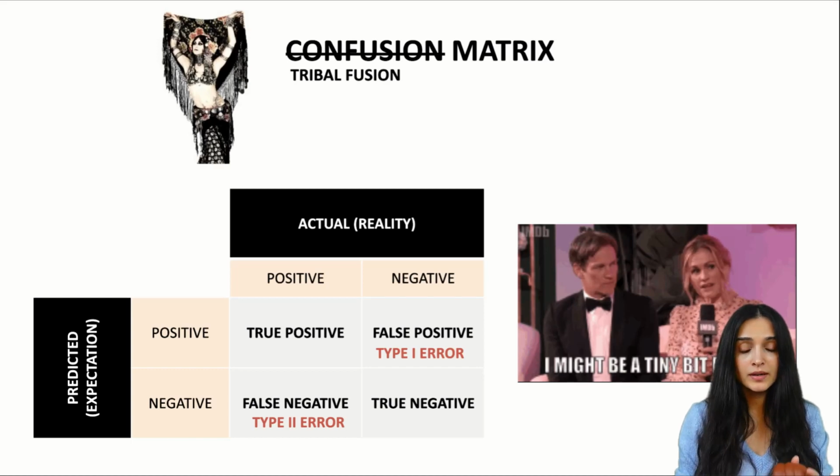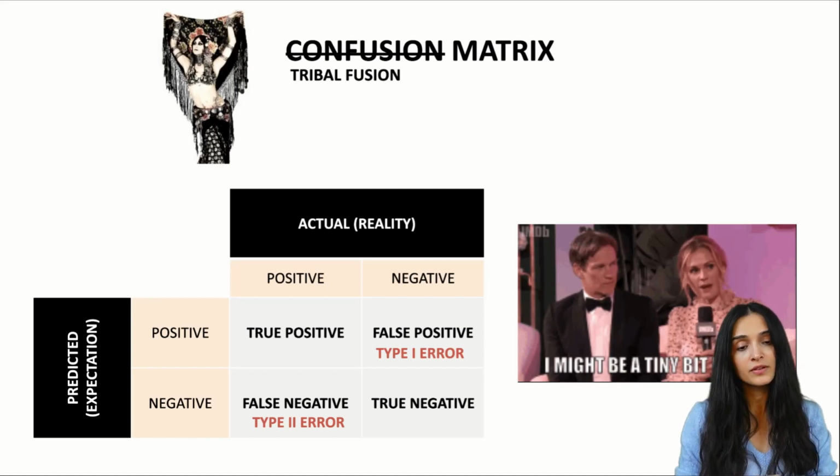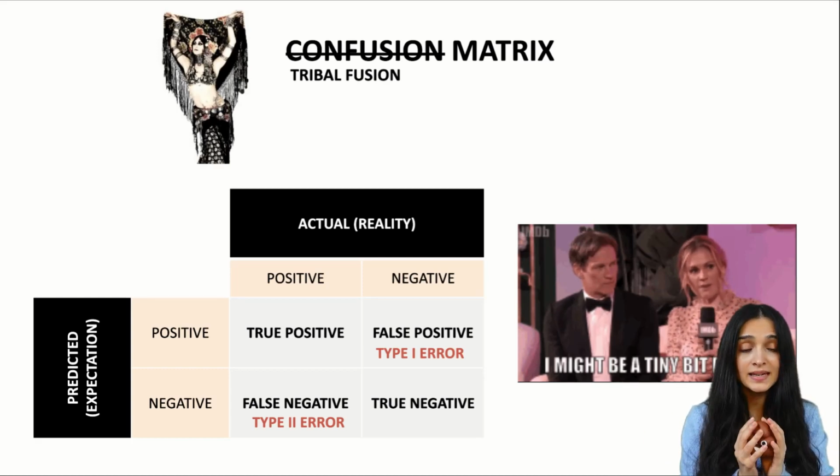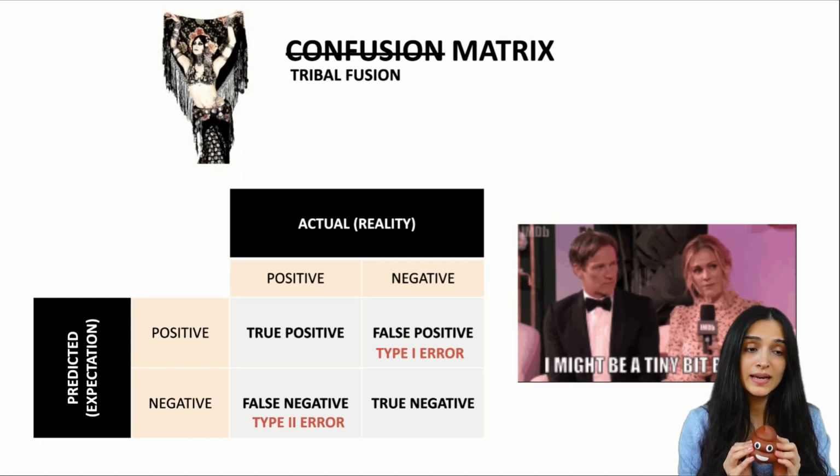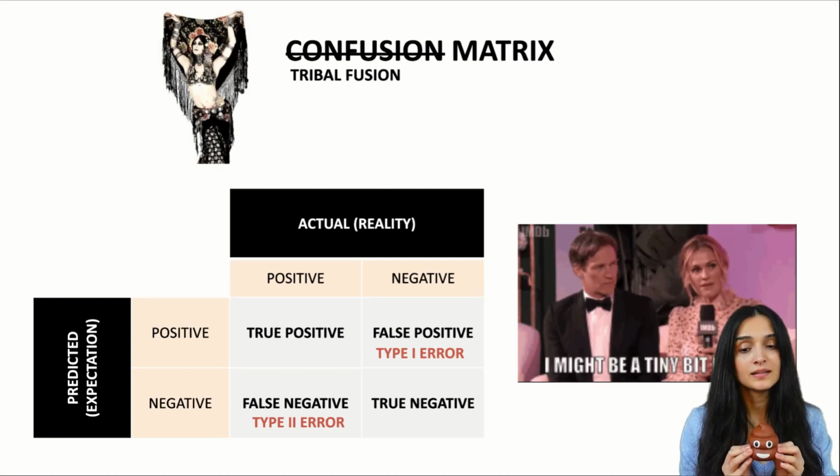And type 2 error is when we have a false negative. We didn't think that she was hot, but she was like smoking hot, and we ended up with a false negative, which means we actually underestimated and got the type 2 error.